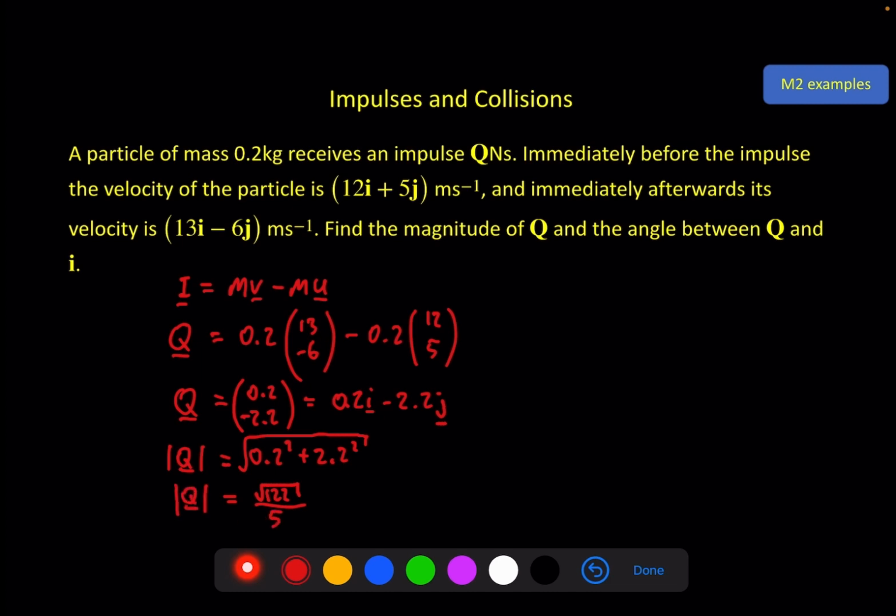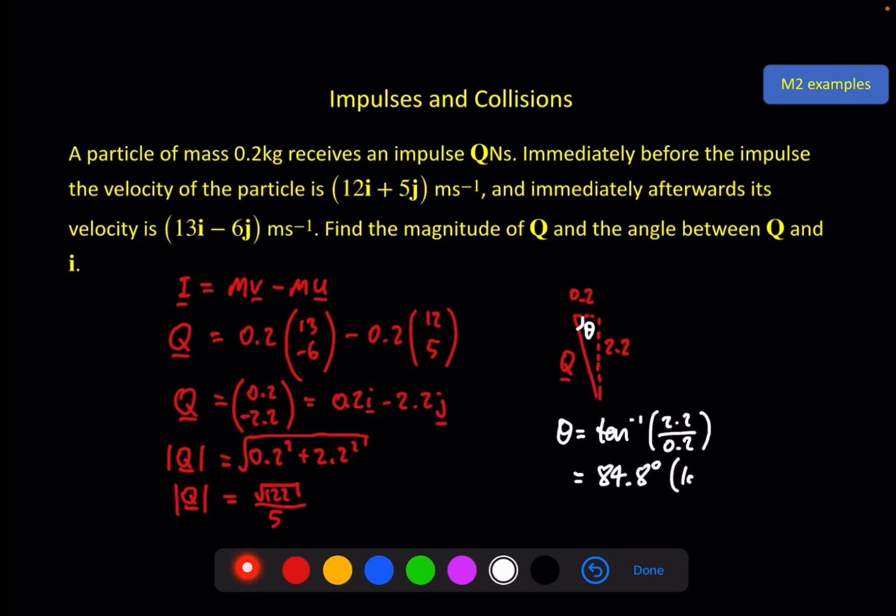And then the angle between Q and i, Q looks something like this, 0.2 there, minus 2.2 here. The angle with i is this, so we get the inverse tan of 2.2 over 0.2, which is 84.8 degrees to 1 decimal place.